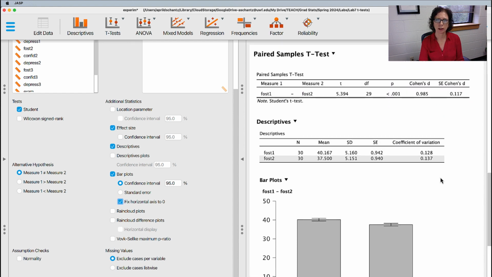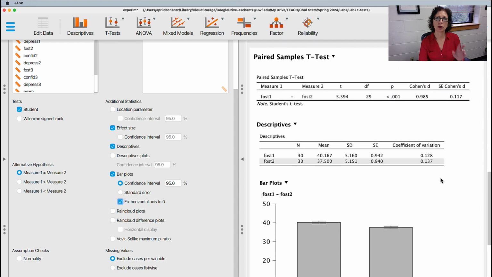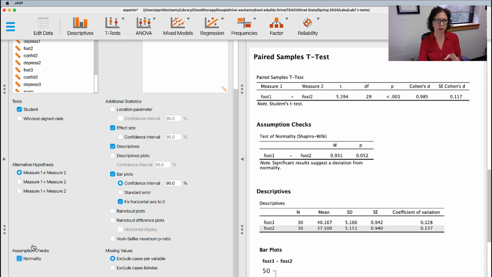And then what else do we need? The other assumption check here is the difference between FOST1 and FOST2. Is that normally distributed? So we're not going to make a new variable here because we already have the ability in the panel to just check for normality in the assumption checks. And it added this middle area of FOST1 minus FOST2, so the difference, and we're doing a test of normality with the Shapiro-Wilks test.